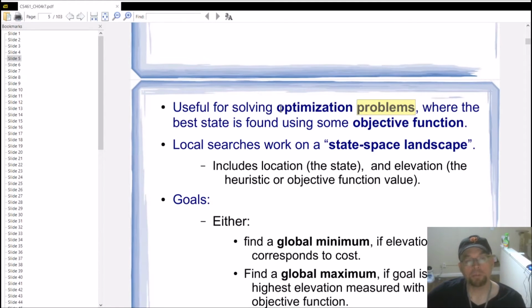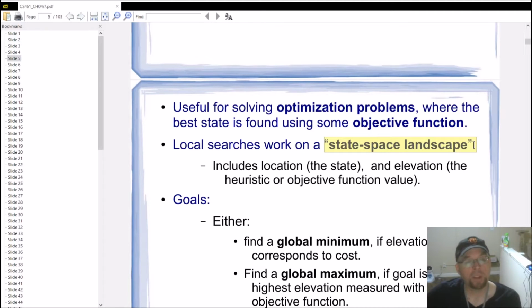So these searches are working on what the text refers to as a state space landscape. This is going to include the location that a search finds itself in. Now this is going to be tough because some of this is going to be abstract. I'll try to help you out by drawing pictures.